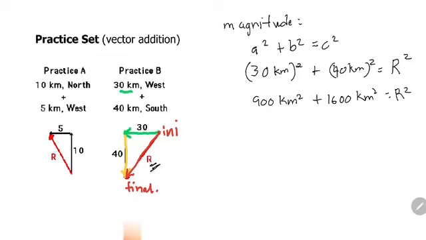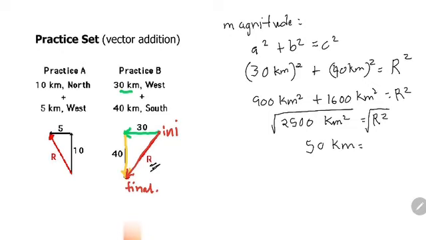Okay, add natin. 900 plus 1,600, 2,500 kilometer squared equals R squared. Square both sides. Square root of 2,500. 50. Wow, 50. Okay. Now for the direction.